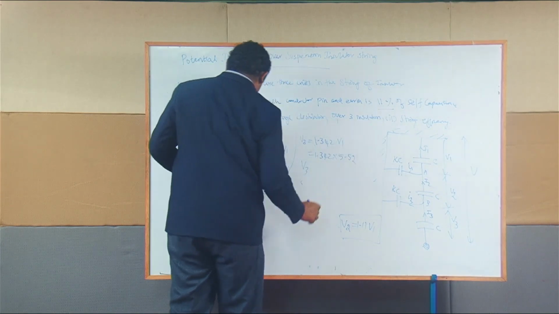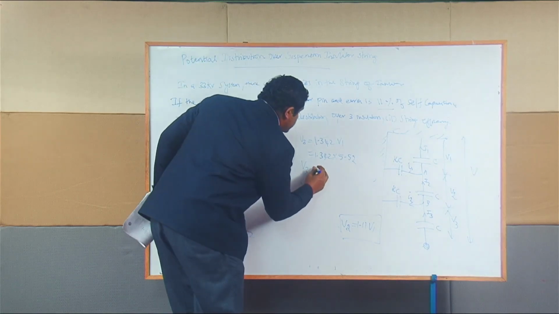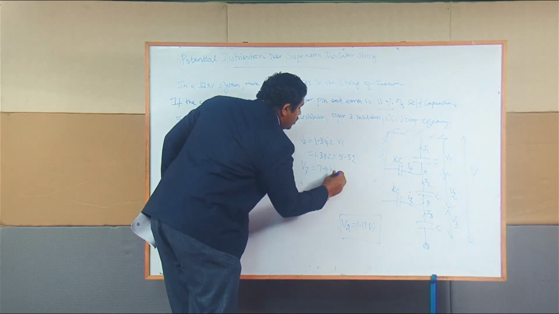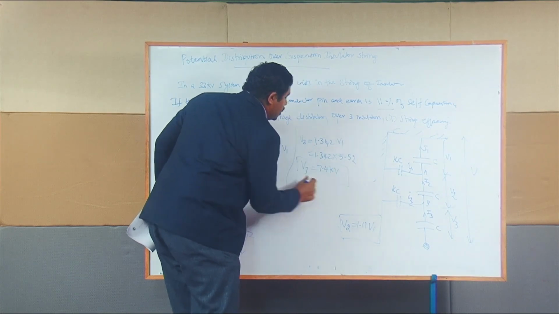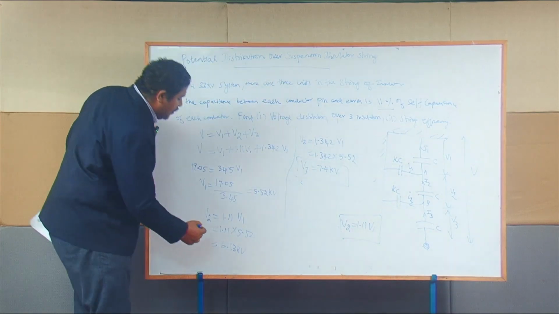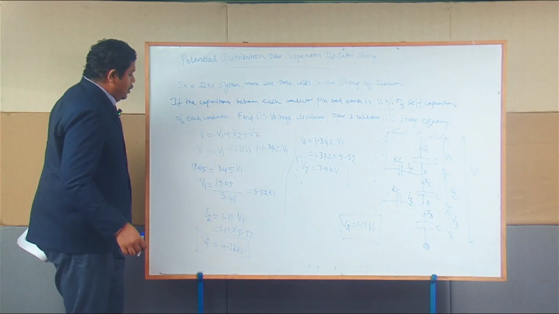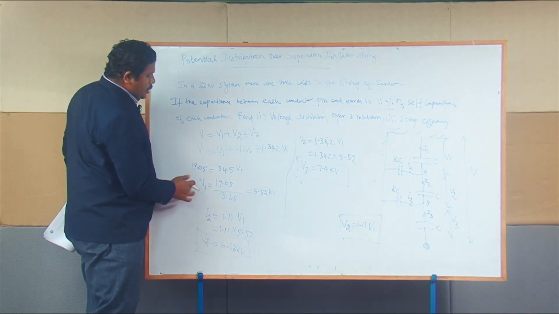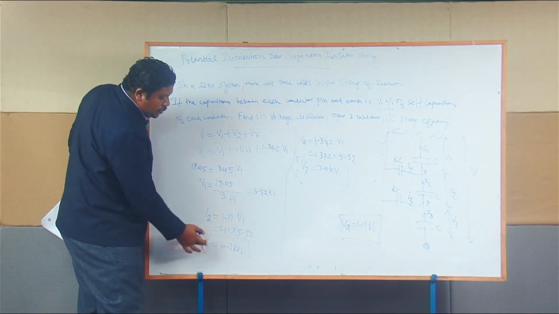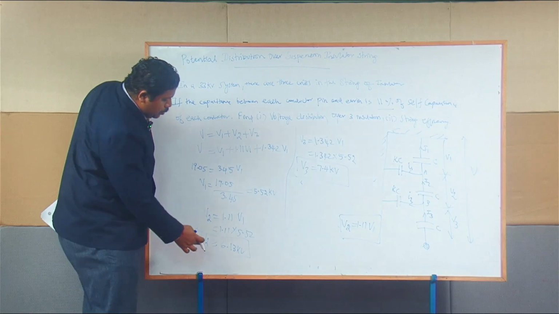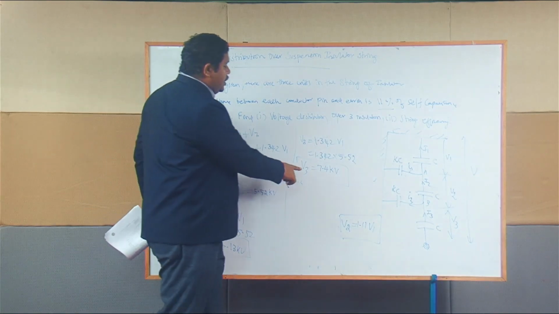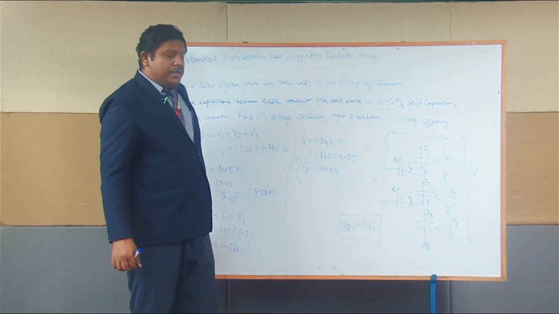So now V3 is calculated as 7.4 kilovolt. Now we have calculated all the values: V1 as 5.52 kV, V2 as 6.13 kV, and V3 as 7.4 kV.